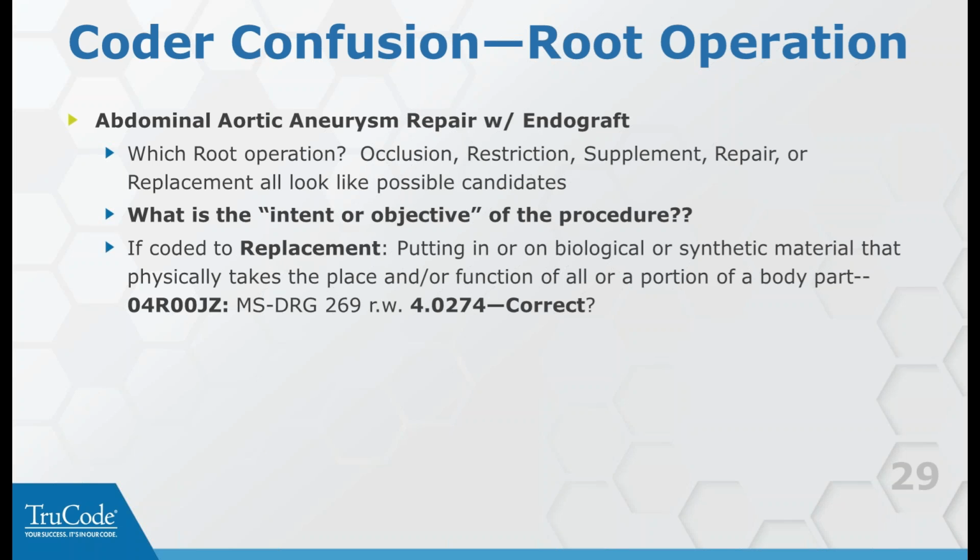A lot of coders were coding that particular procedure to replacement, and you see the definition there on the slide, and you see the MS-DRG that it related to. If you look at that definition, that's not really what the intent is when you're trying to repair an abdominal aortic aneurysm, which is to put something in that takes the place or function of that body part.